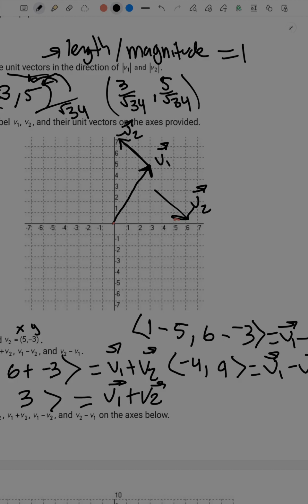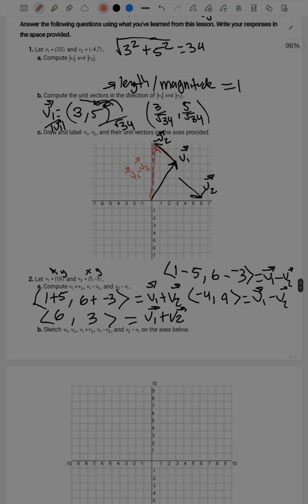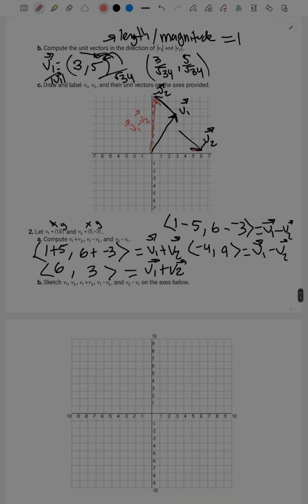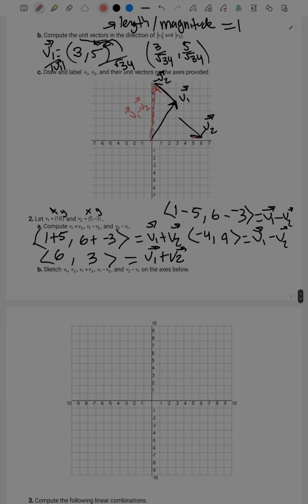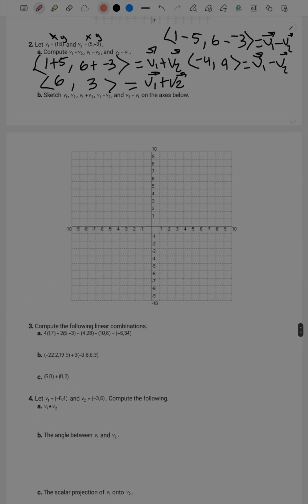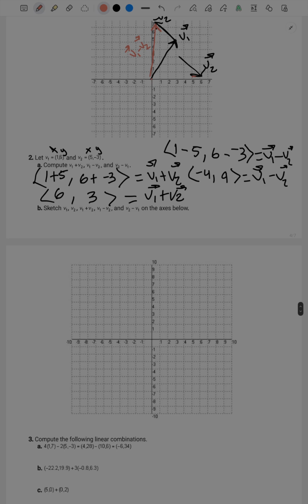We're going to call that negative v2. And now this new vector that we can draw going from the end of v1 to the tip of negative v2 is going to be what we call v1 minus v2. So that's what's happening geometrically, and you can see that when you perform it algebraically. And that's exactly what part B is asking you to do, is to sketch the exact same way that we did.